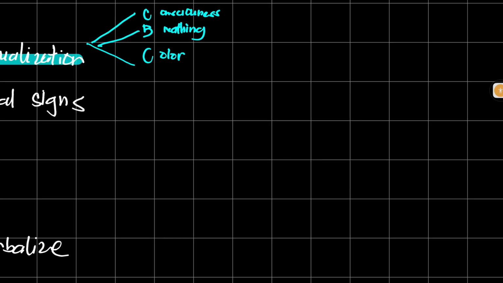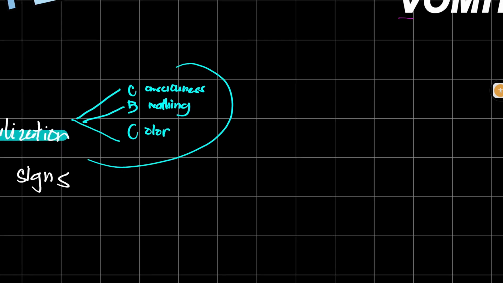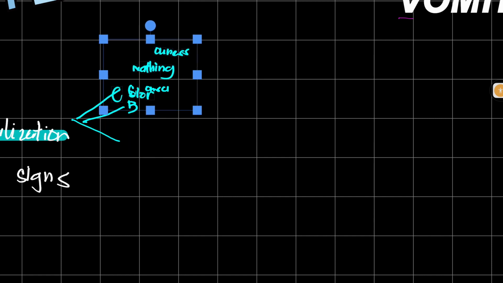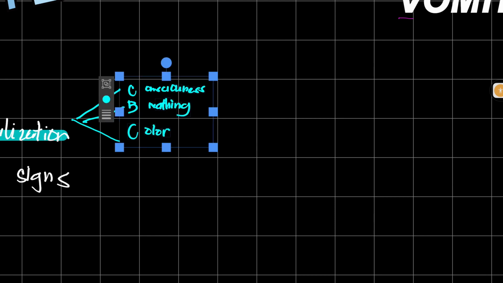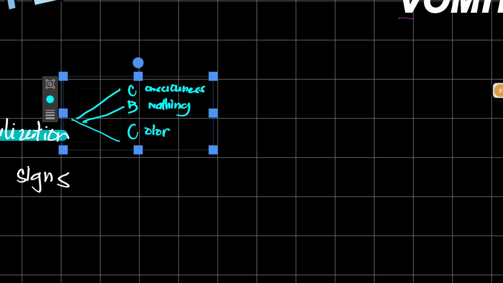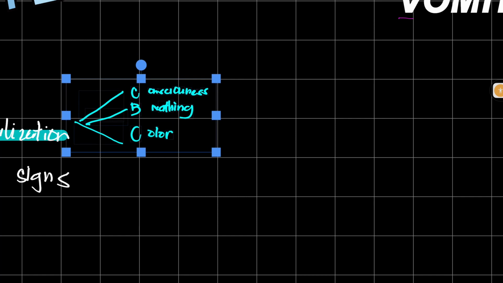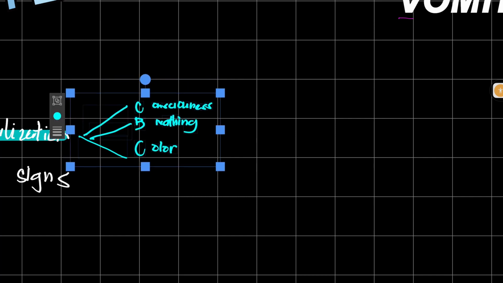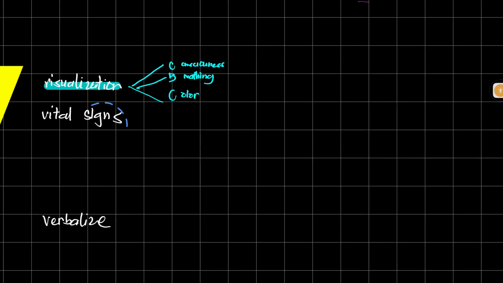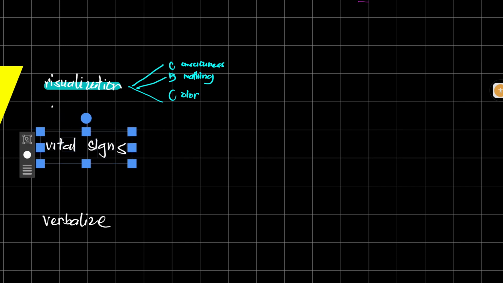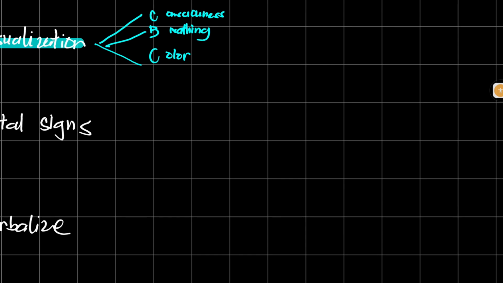Okie doke. All right. So, in terms of vital signs, what did I tell you? You have an abbreviation there. Let me adjust this real quick for your convenience so we have nice notes. Okay? Visualization. There we go.